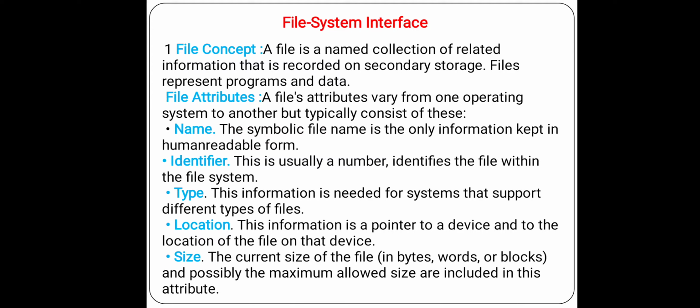If the maximum size is 4 GB, and my size of the file is 2 GB or 2.5 GB, so it contains the size of the file as well as the maximum size of the file possible to place, right?